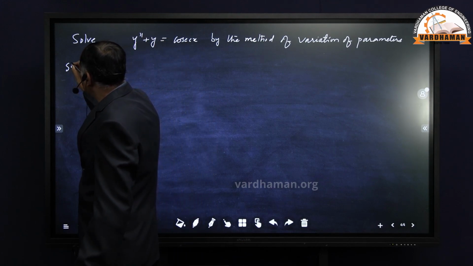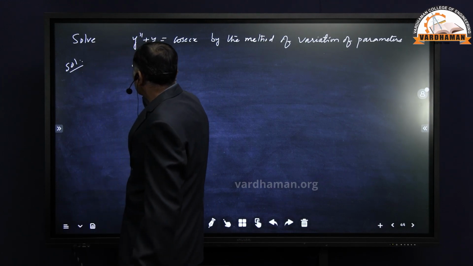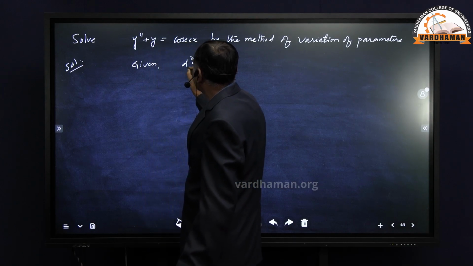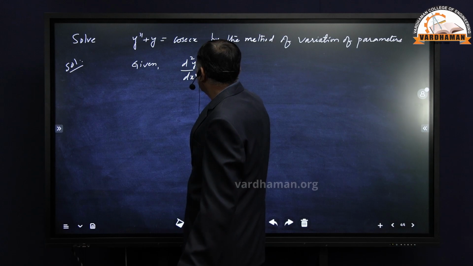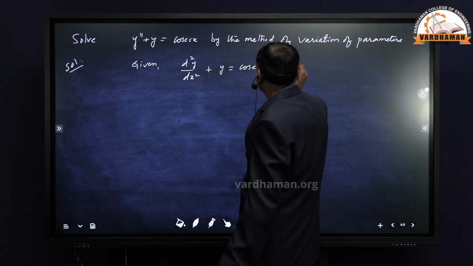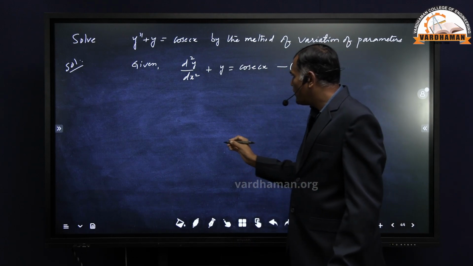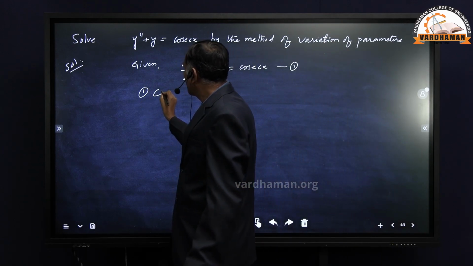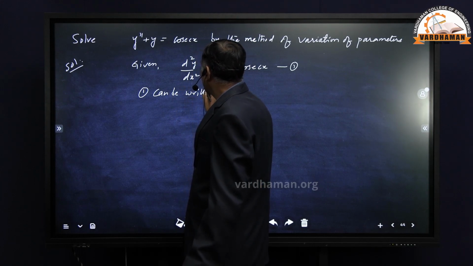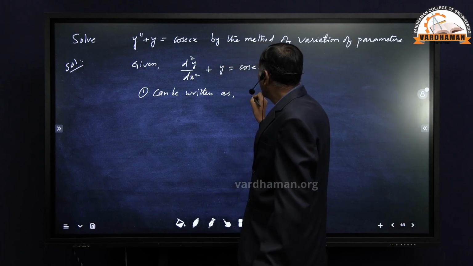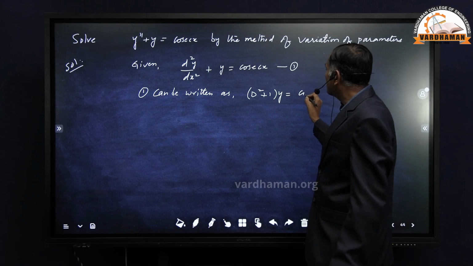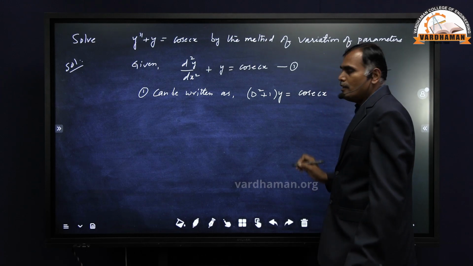Now to find the solution of this one, first write down the given problem. Now this is the given problem, d square y by dx square plus y equals cosecant x. Let us say this is 1. Write this in operator form. 1 can be written as D square plus 1 into y equals cosecant x.